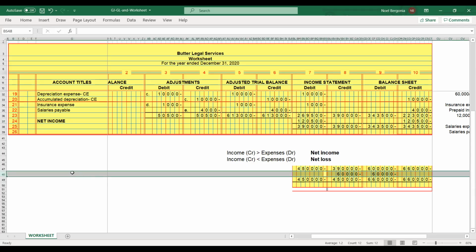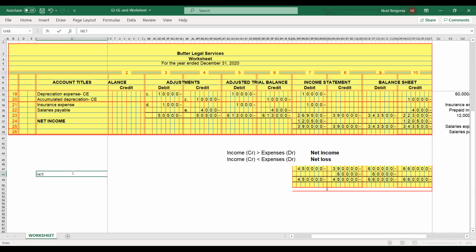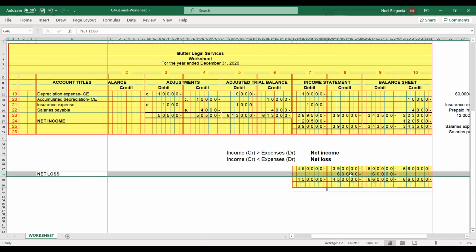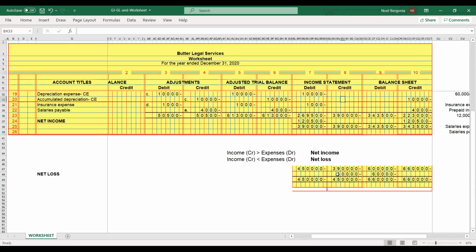Halimbawa, lagyan ko dito ng net loss. Okay, net loss dapat, ha, pag ganun yung lalabas. Net loss. Okay, ayan, katapat dapat siya nung difference. And also, again, the difference should always be equal as well. Okay, pag net loss naman, di ba, nalugi yung company, so malamang may loss nga tayo.